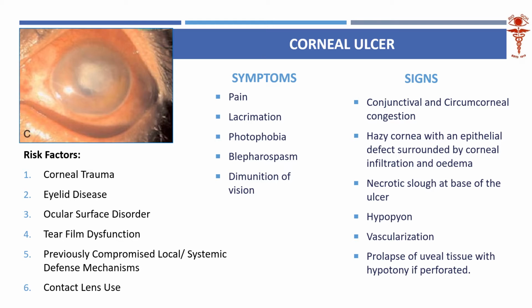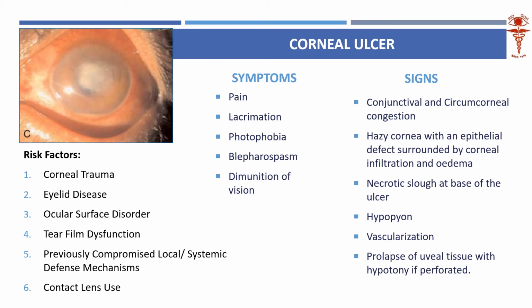So when you think of corneal ulcer, the first point I want you to focus upon is the risk factors. The risk factors are trauma. First is trauma. In fact, corneal epithelium is very protective. To penetrate a corneal epithelium and enter the cornea and affect the cornea, only 1 or 2 organisms have that much of virulence.